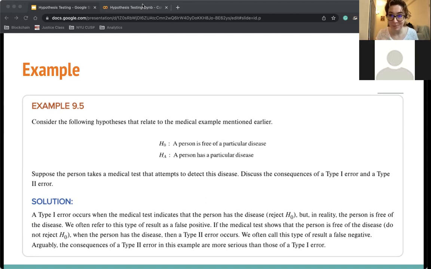And of course, you want to get it right as much as you can, but depending on the consequence, it might be better to have more false positives in order to never have that instance where you're sending someone out thinking that they're healthy when they actually are not healthy.